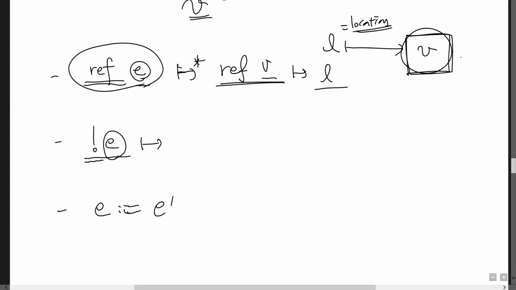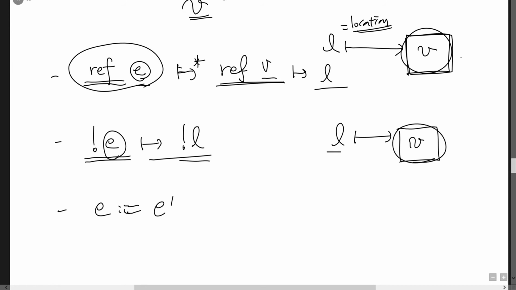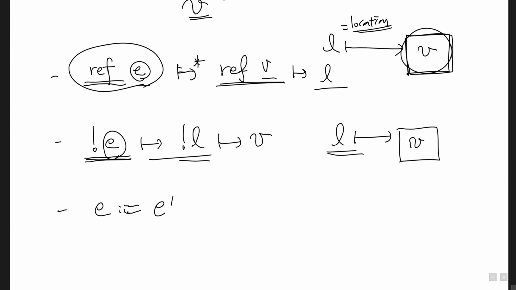If this is well typed, then probably we will have something like bang L. Now suppose that at this point, location L is pointing to a memory cell with the value V. Now we are going to dereference this location, and this produces value V. This is basically dereferencing a location, just like dereferencing a pointer in the C programming language.